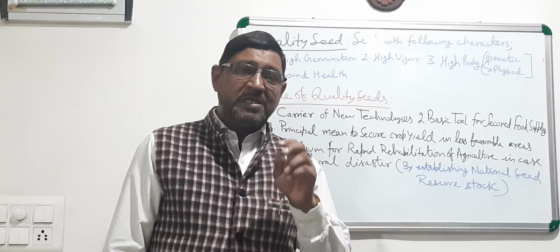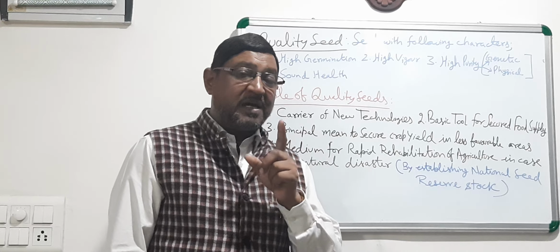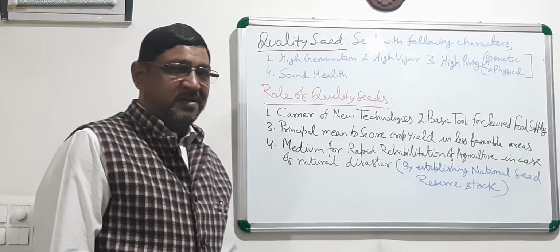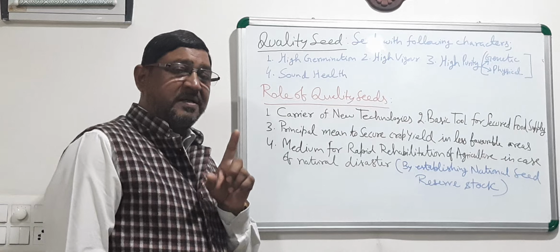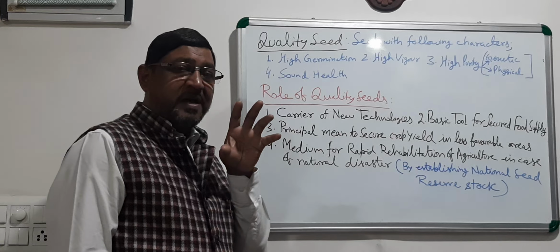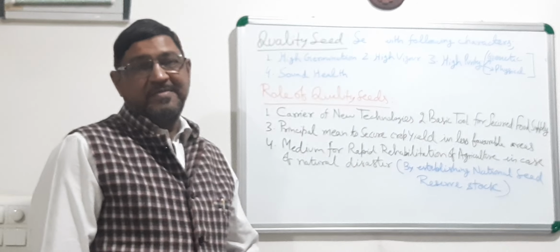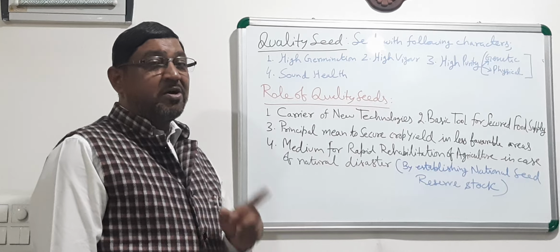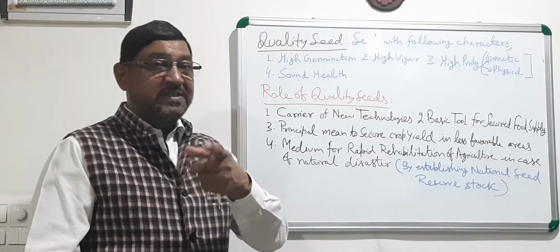Then come to high purity. In high purity, the first is high genetic purity. Your seed lot must be genetically of high purity, which means there should not be any seed of other varieties of the same crop.